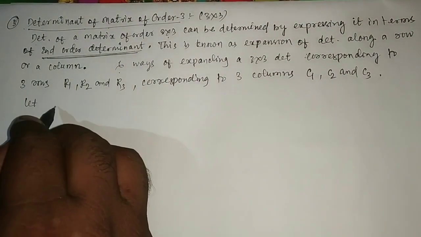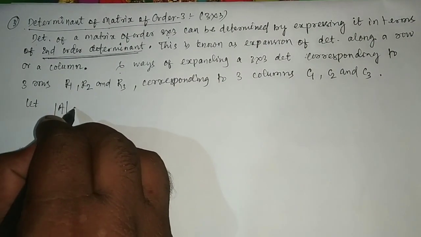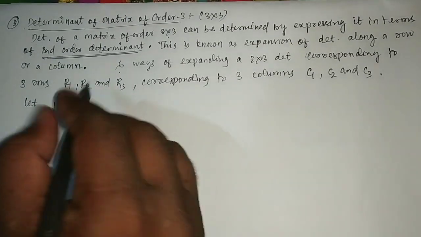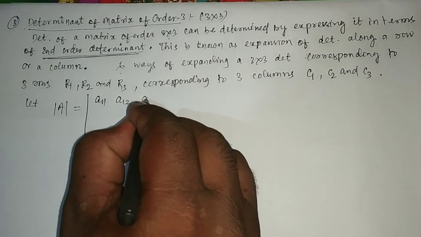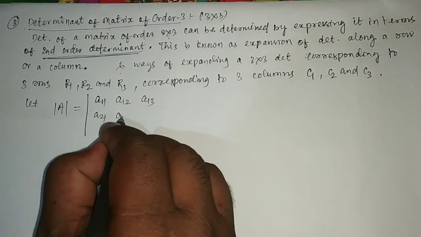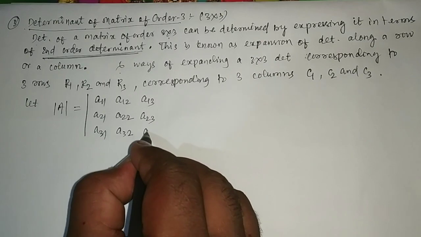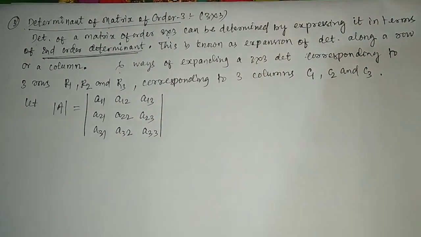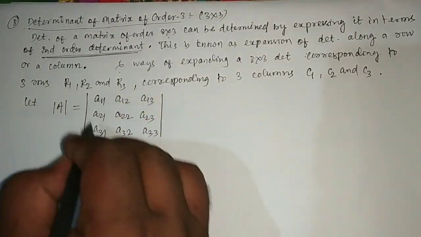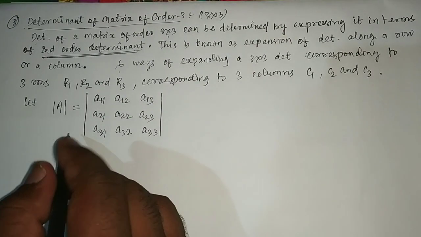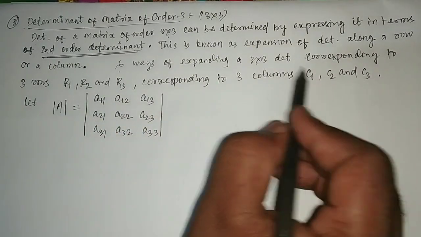Let A be a matrix of order 3 cross 3, with general elements A11, A12, A13, A21, A22, A23, similarly A31, A32, A33. This is a 3 cross 3 determinant, that means third order determinant. We can expand it along any of the 6 ways.